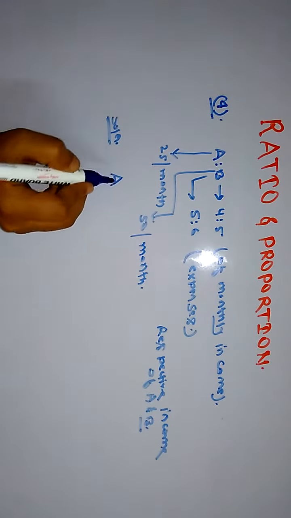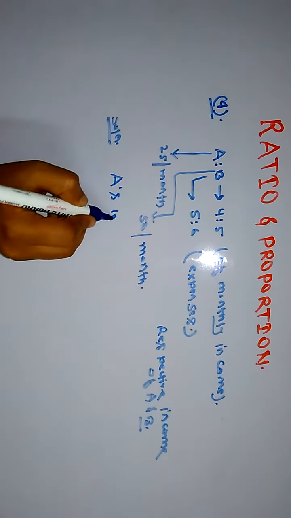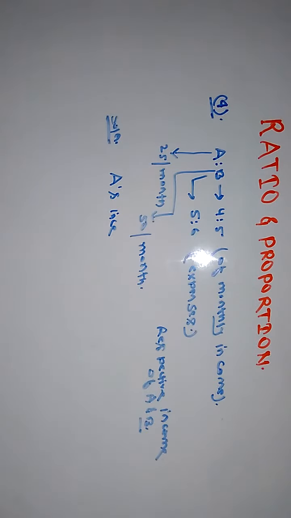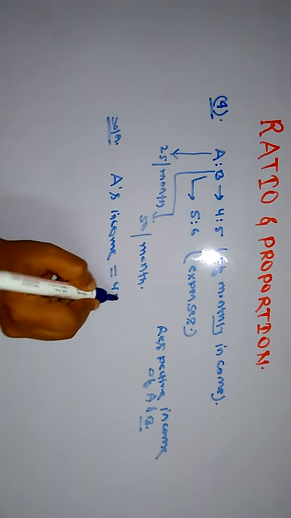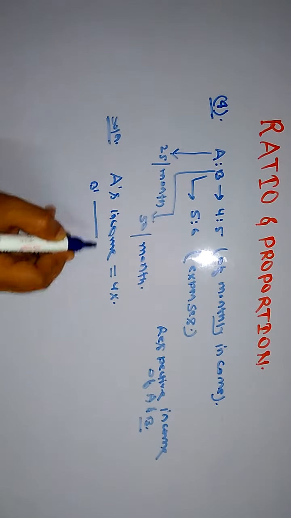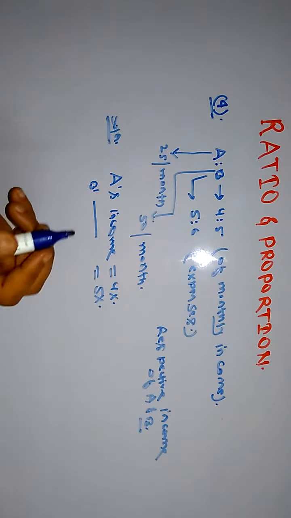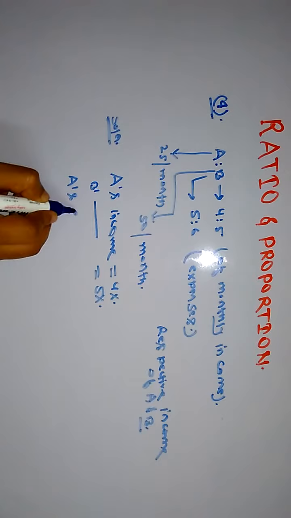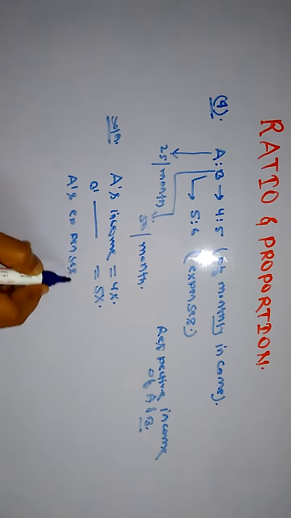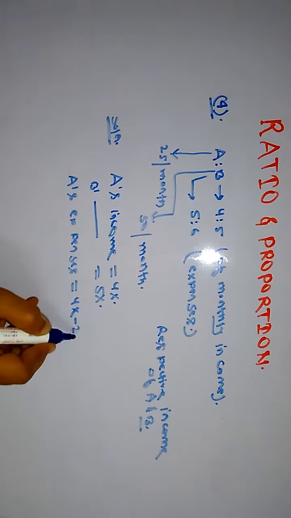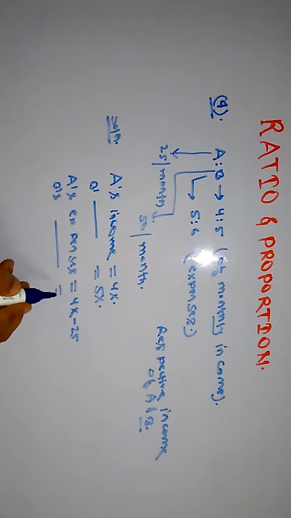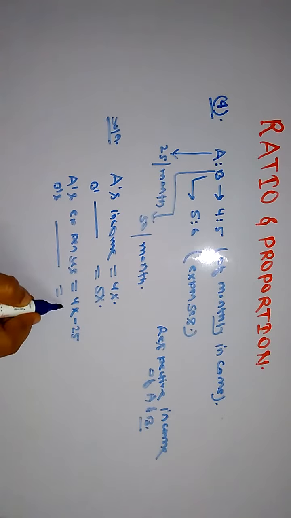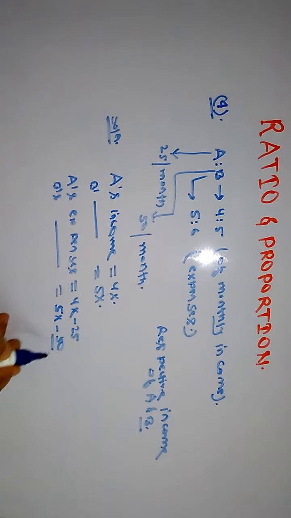If the total income multiplication factor is x, A's income will be 4x and B's income will be 5x. A's expenses will be 4x minus 25, since 25 is saved per month, and B's expenses will be 5x minus 50, since 50 is saved per month.